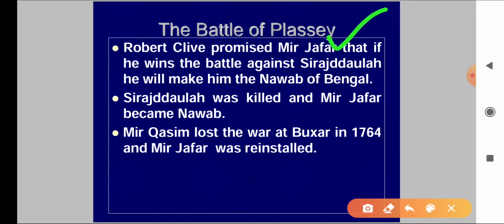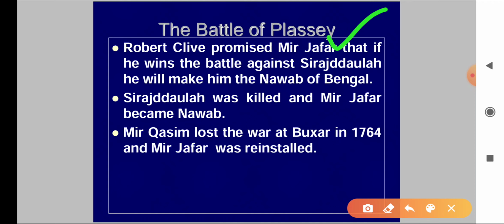Mir Jafar made an alliance with him, and when the company army and Sirajuddaullah's army reached the battlefield in 1757 at Plassey, this is a famous battle, the Battle of Plassey, because it is considered a turning point in Indian history. This was the first battle in which Britishers defeated a king or ruler, and they controlled the economy of that area.